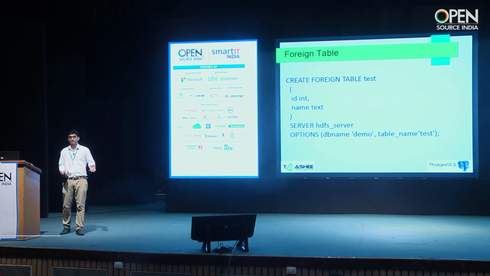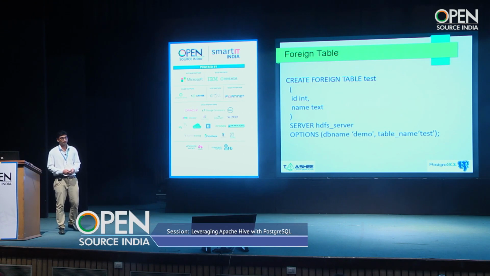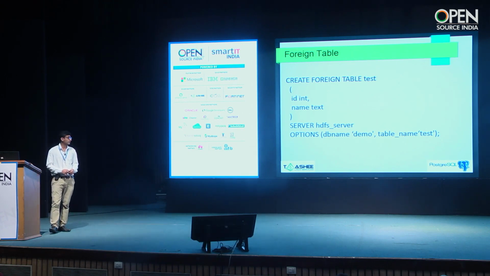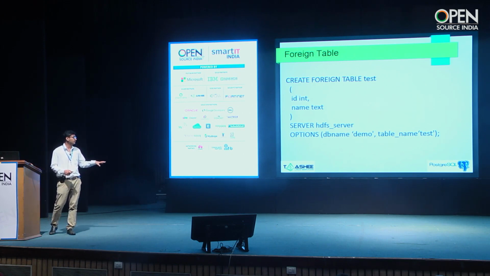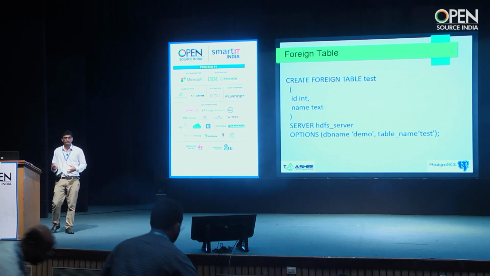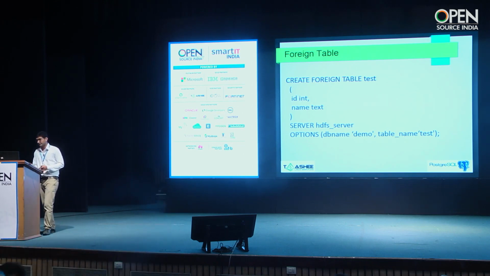So for this also the workaround is that it is better to create a view in Hive itself. So it's good to do this group by and order by calculation on your Hive server, and you can fetch from that view. While doing a join also, it will fetch all the data from the remote server and then do the join. So this is all about the foreign data wrappers.